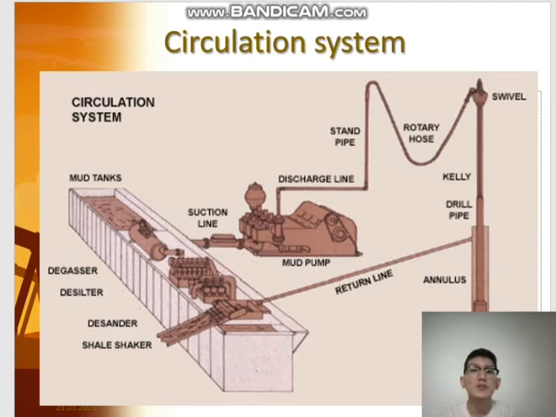From the mud pumps our mud goes to the discharge line, from the discharge line to the standpipe, and the standpipe and the rotary hose are connected to each other. The rotary hose, as you see here, is flexible. From the rotary hose it goes to the swivel, then to the Kelly, and from the Kelly to the drill pipe.